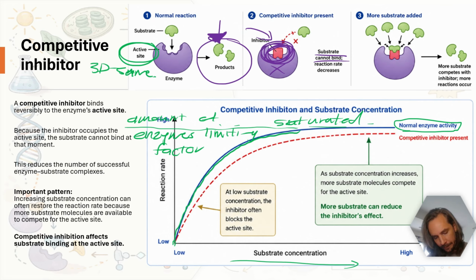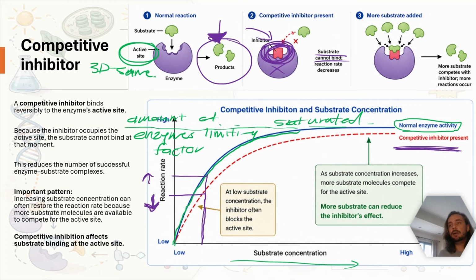So here we can see, even in a low substrate concentration, when it's normal, the reaction rate is higher. But if I add a competitive inhibitor, the reaction rate will be lower because it's competing for that active site.